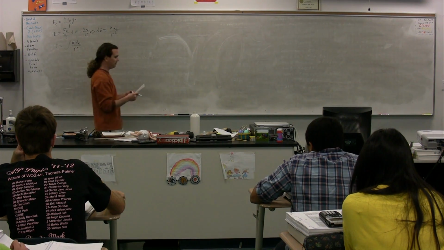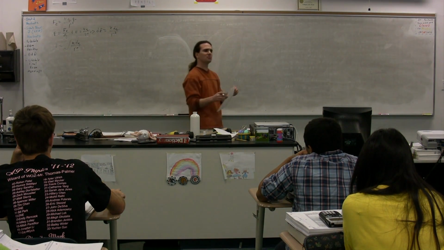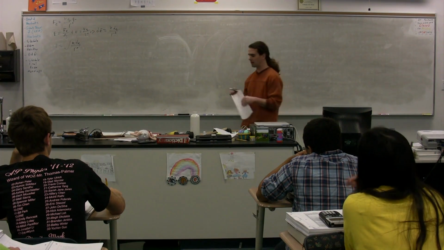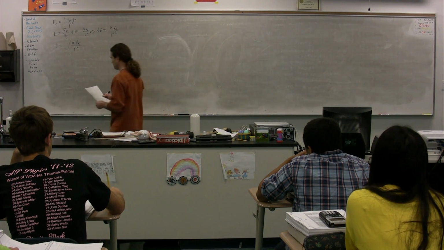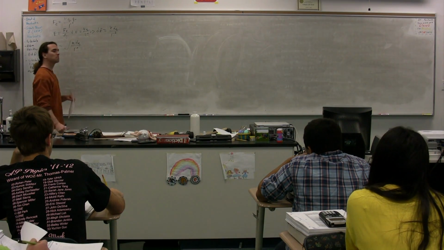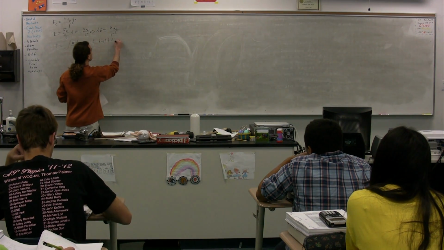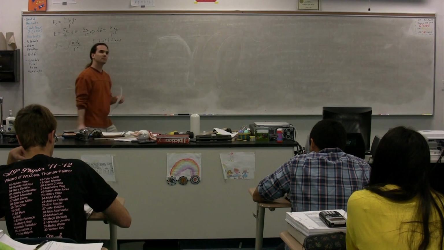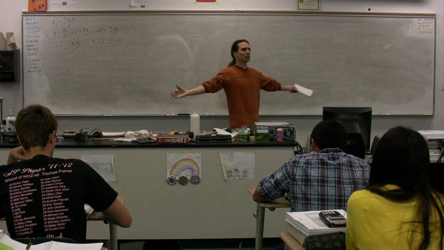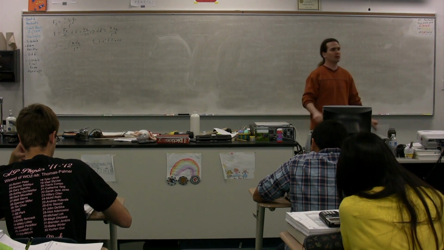Remind me, electric field lines. Just talk to me about electric field lines. Tell me anything about electric field lines. How would you draw them? Where do they start? Where do they end? General rules.